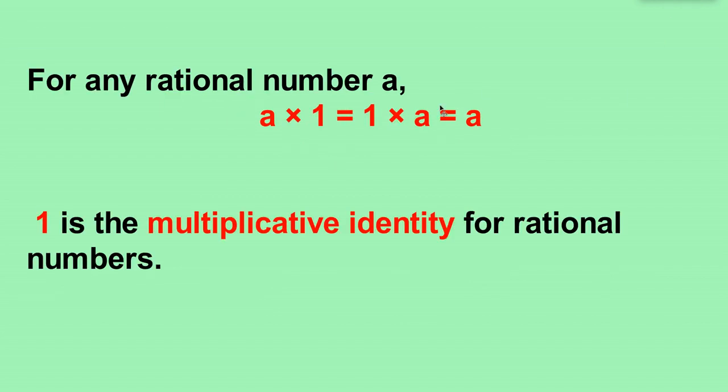Now for any rational number a, a into 1 is equal to 1 into a is equal to a. That means if you multiply 1 with any number, or any number into 1, you will get the same number. So 1 we can call the multiplicative identity for rational numbers.